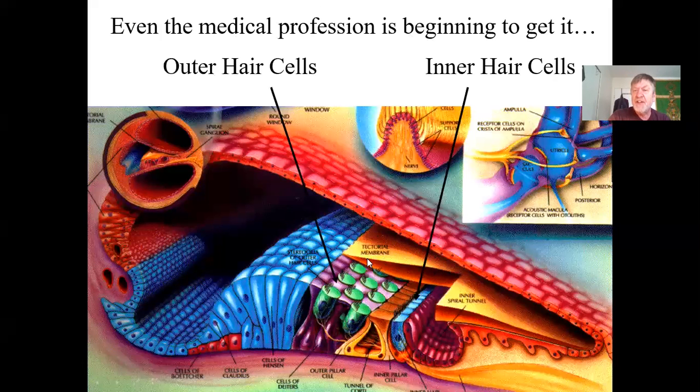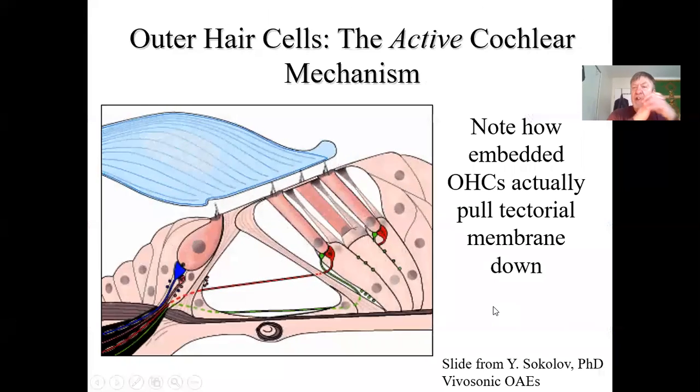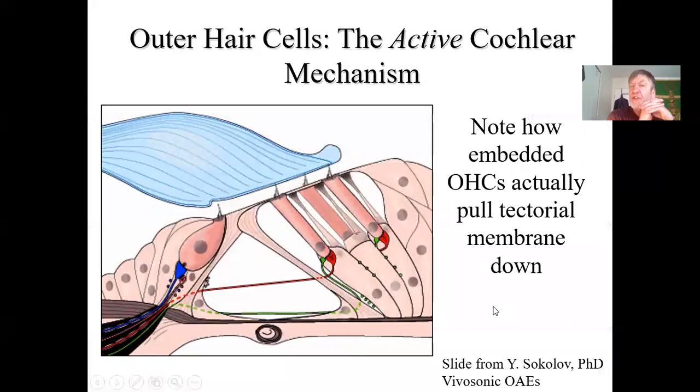That's the tectorial membrane laying on top of the hairs of the outer hair cells. See that? So when you go to the next slide, they've had to tear this tectorial membrane off the hairs. You can see the tips of the hairs, and then you can see the indentation where the hairs were jammed into the membrane.